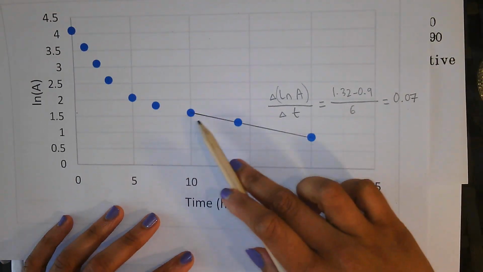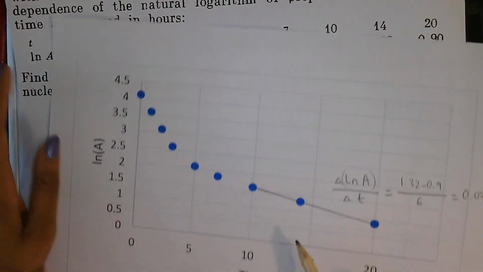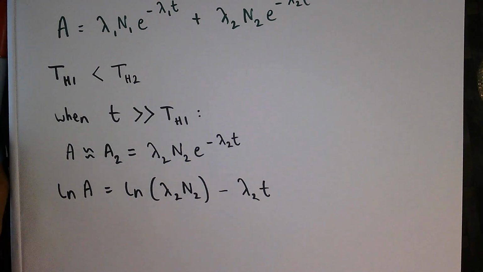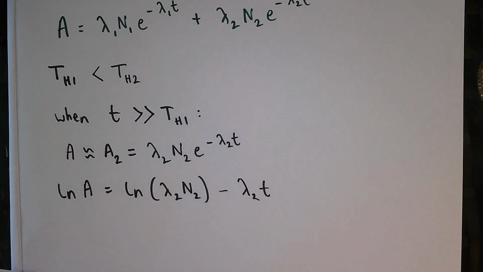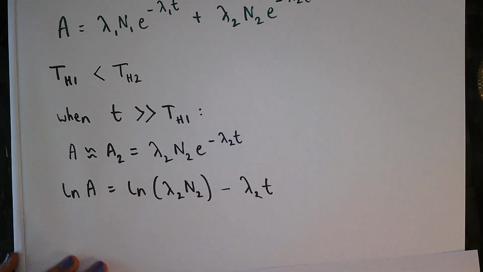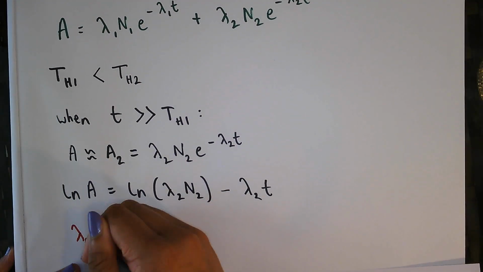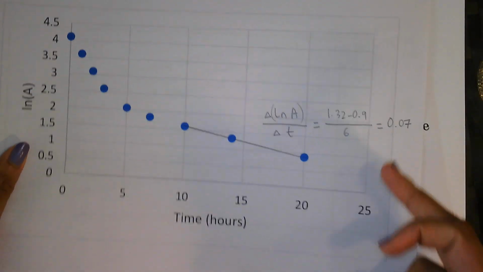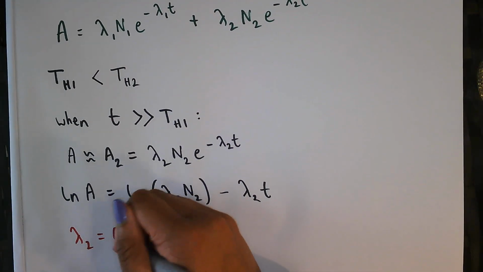So that's the gradient of this line, which we have shown is equal to the value of lambda 2. So lambda 2 is equal to the gradient that we've just worked out, 0.07.